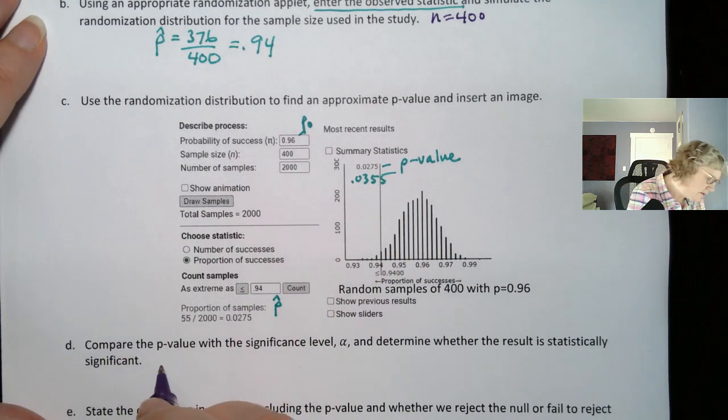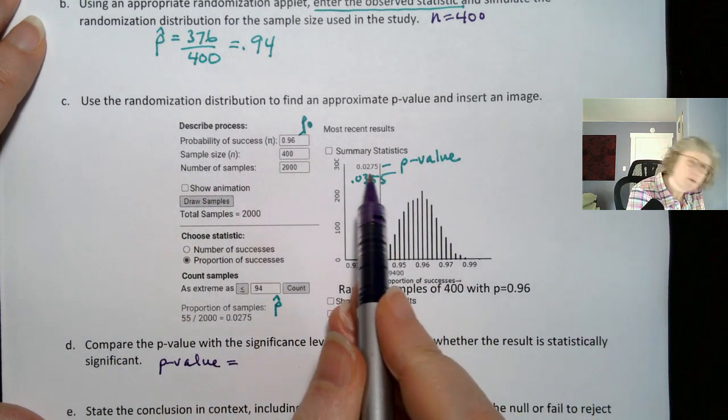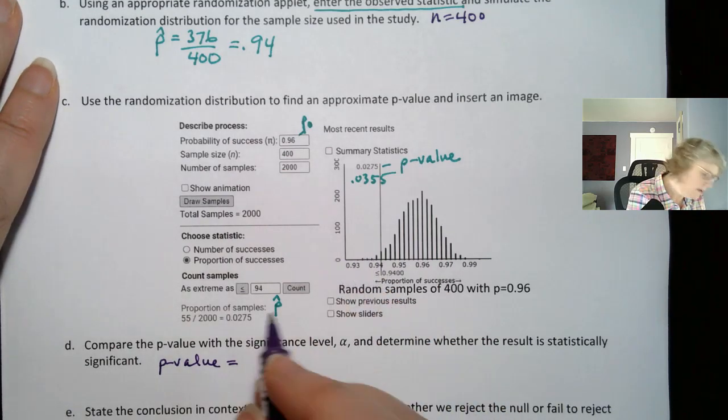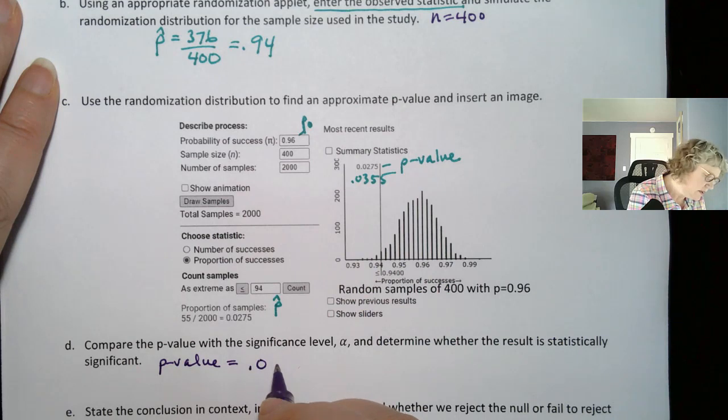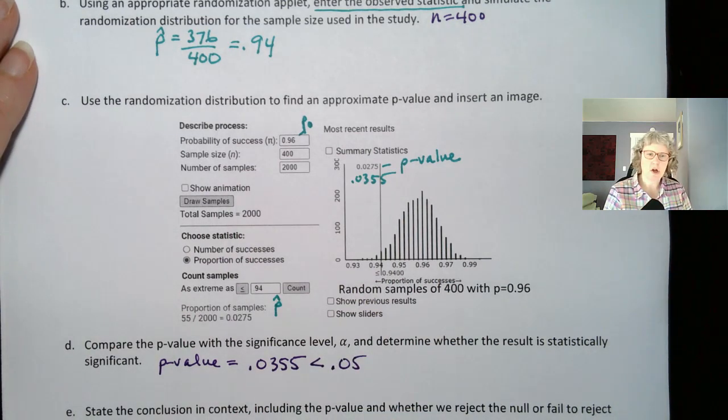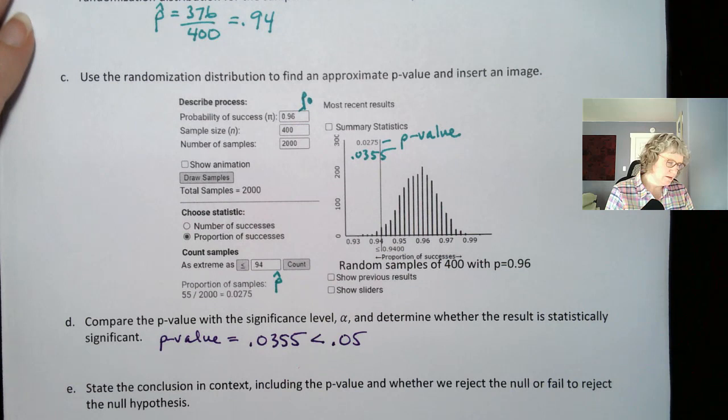Okay, so our p-value, I'll use the one written and then, well, I'll use the green one because it's bigger. P-value equals 0.0355. Now I'm going to write that is less than 0.05, right? So small is significant.